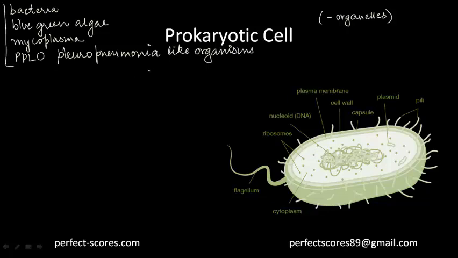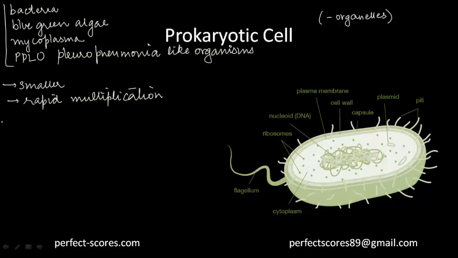Now these are generally smaller because they do not have so many organelles. They multiply more rapidly. So they are smaller. There is rapid multiplication. And apart from this, they vary greatly in shape and size.